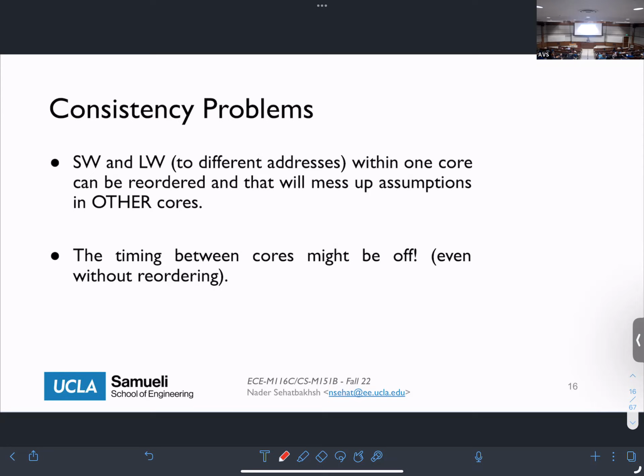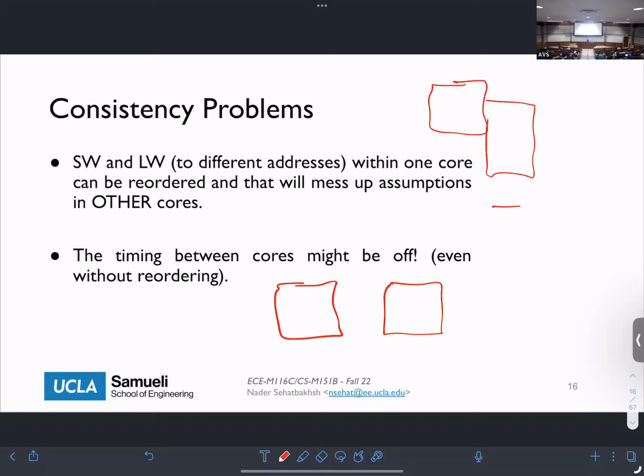The second problem that we need to solve in consistency is that the timing between the cores might be different. These two are completely independent from each other. If I have a sequence of instructions here for core number 1, and a different sequence of instructions here, the timing of these two could have any overlap. It could be something like this, or like this, or any overlap between these two.